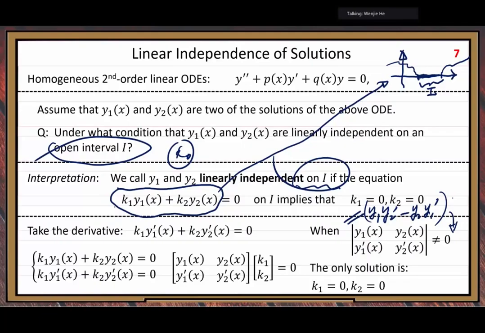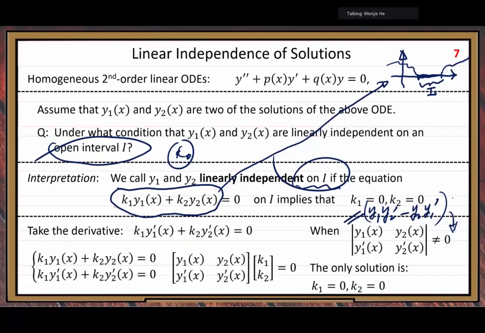If the determinant is non-zero anywhere on the open interval I, even at only one point, that is enough. Then K1 and K2 must both be 0, and you can say these two functions are linearly independent.